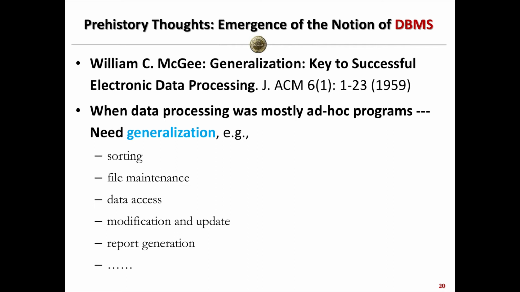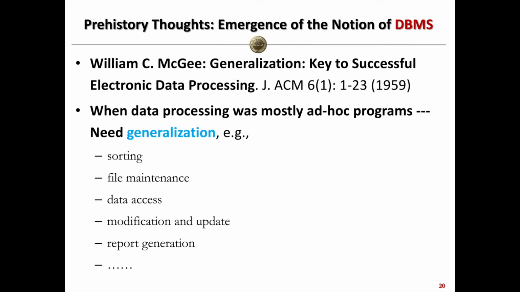The main reason is because for data processing and management, we may require some operations which may be used very frequently. However, if we only rely on the file system or some other system we used before the DBMS, they may rely on some ad hoc programs and require generalization.